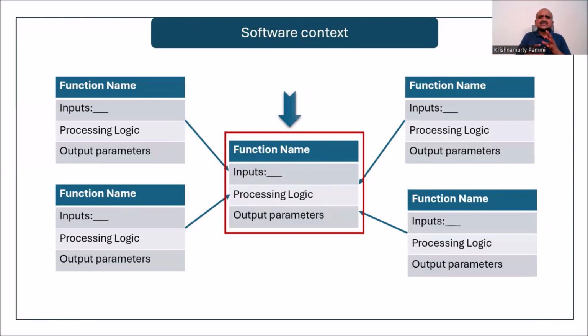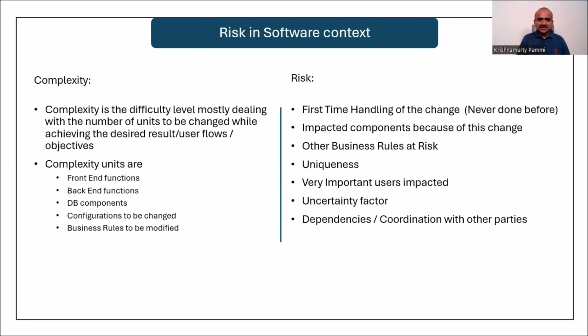So essentially, let us suppose we are trying to modify or create a new function that exists or is going to exist in the ecosystem with other already established functions. Now, what is complexity? Complexity is the difficulty level, mostly dealing with the number of units to be changed while achieving the desired result objectives.